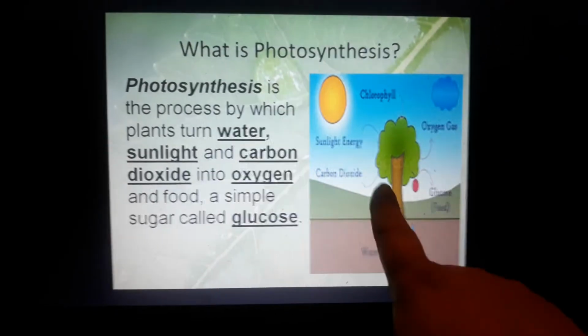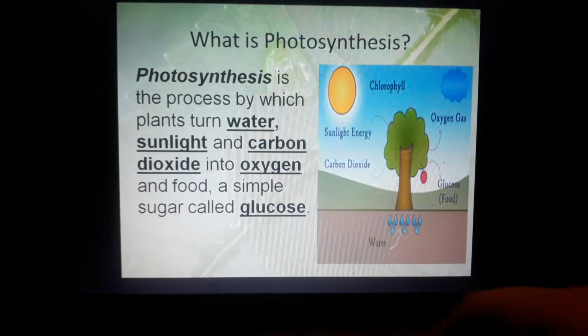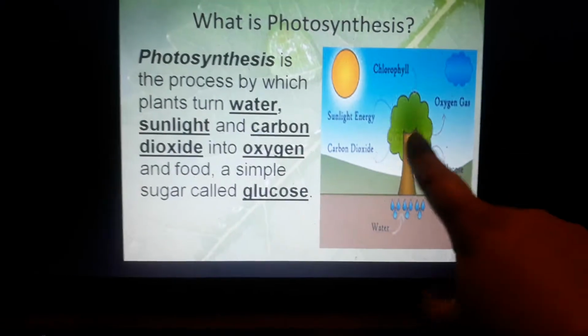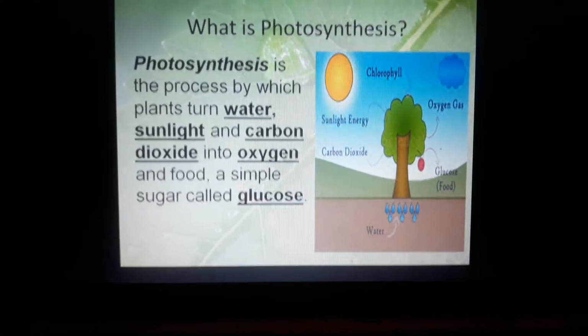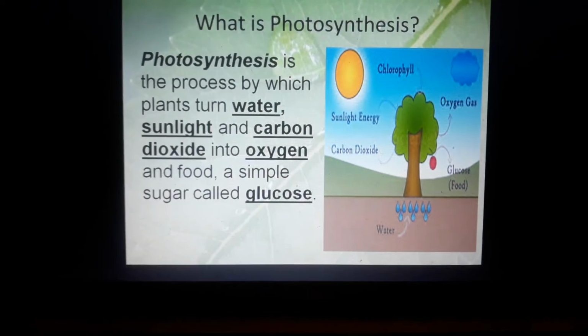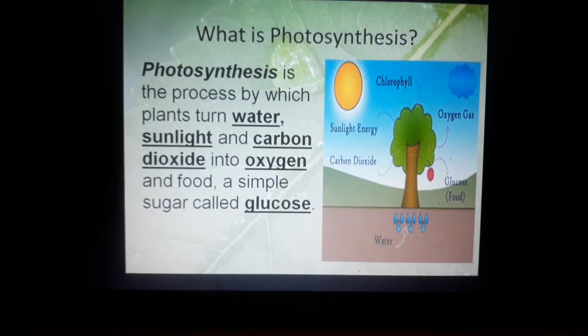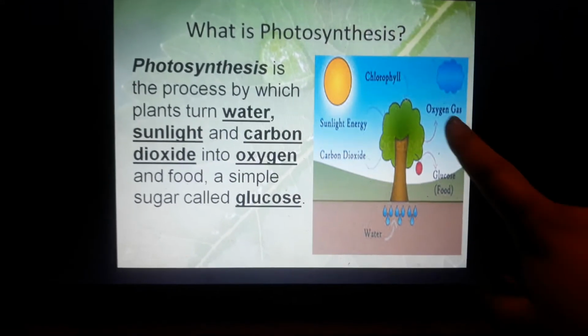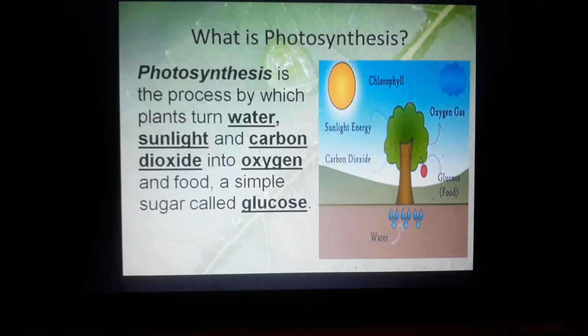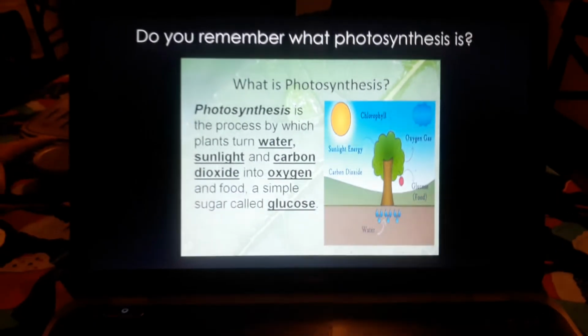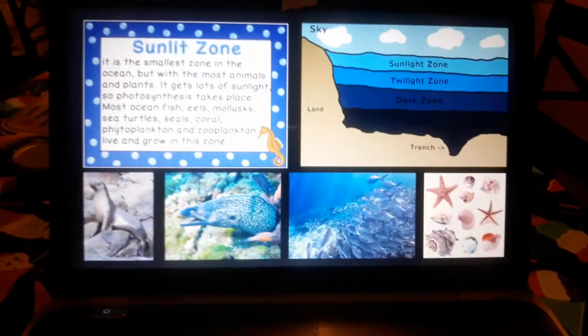It turns it into a simple sugar called glucose. So remember we talked about how the trees absorb the air that we breathe out, which is called carbon dioxide, and it gives out oxygen for us to breathe. All right, so that's photosynthesis.